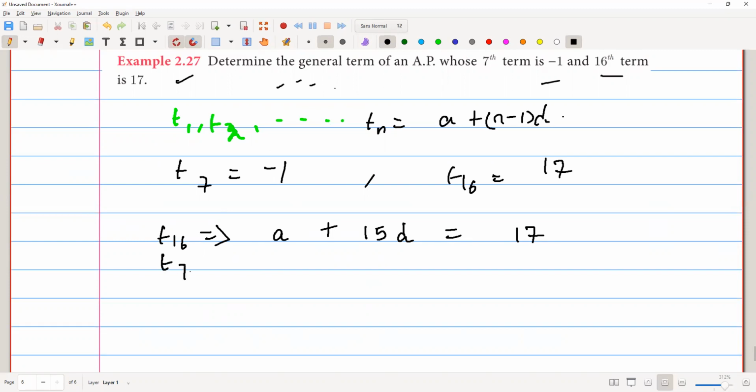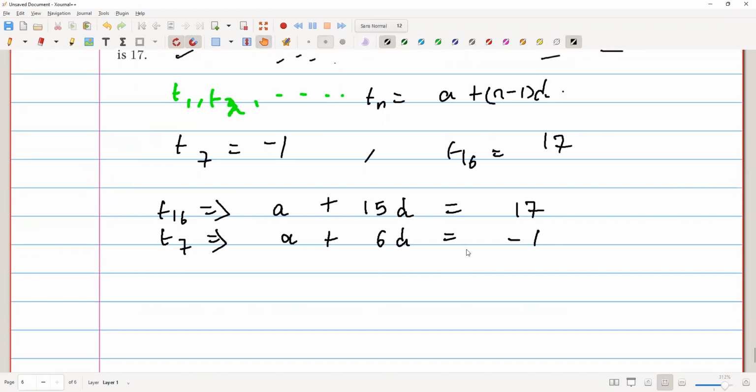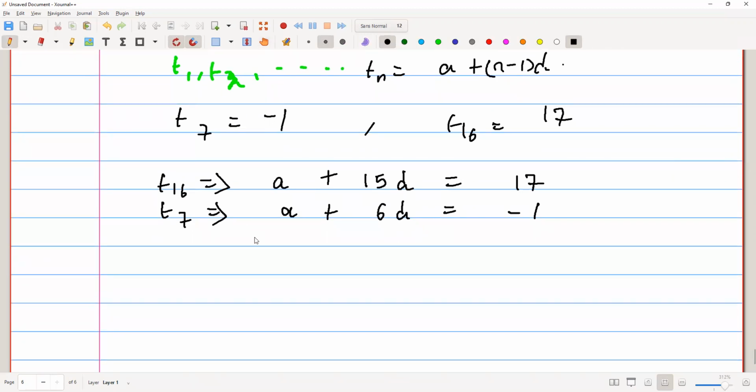Then T7 implies A plus 6D equal to minus 1. All right, minus 1. So when I subtract T16 minus T7, T7 implies I'm changing the sign, minus minus plus.